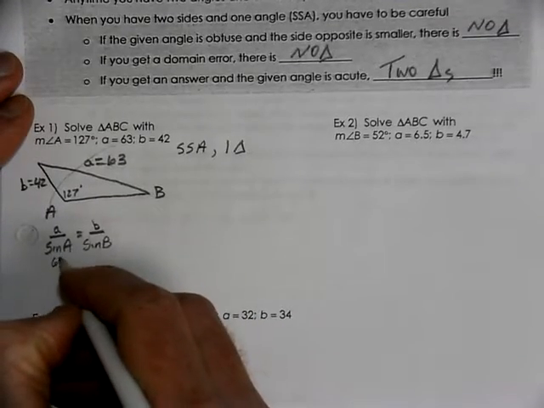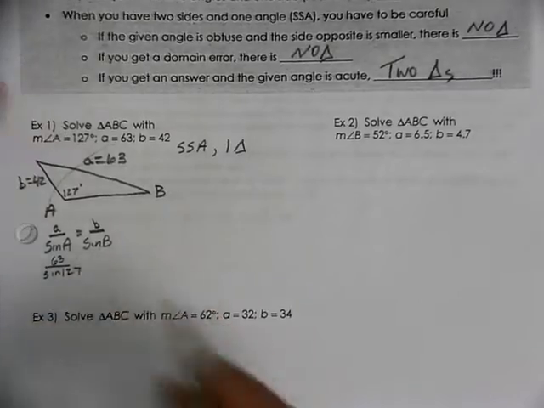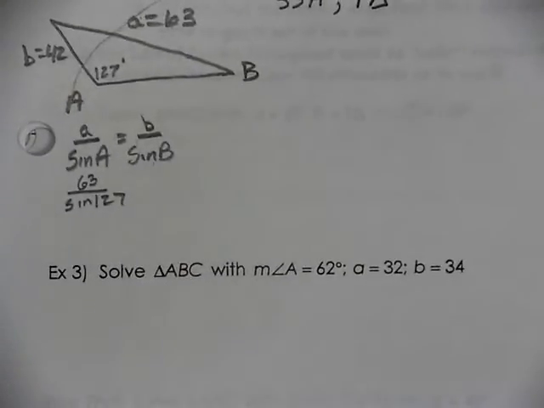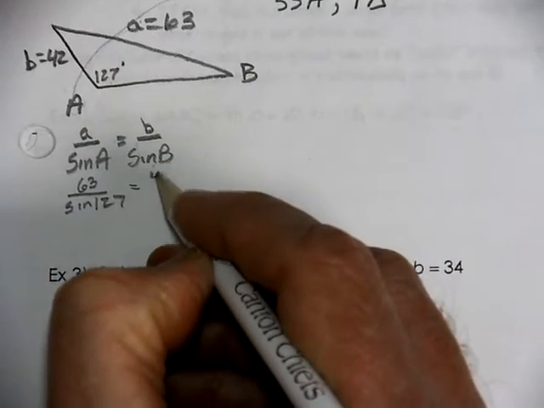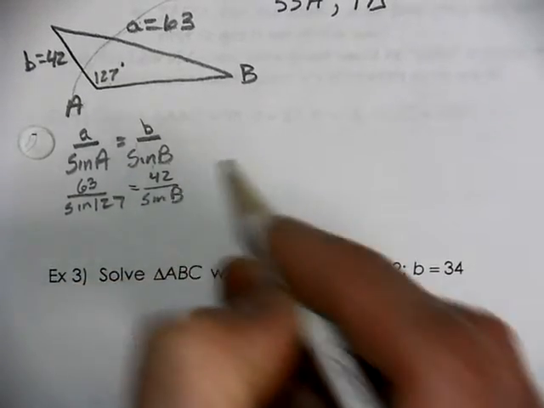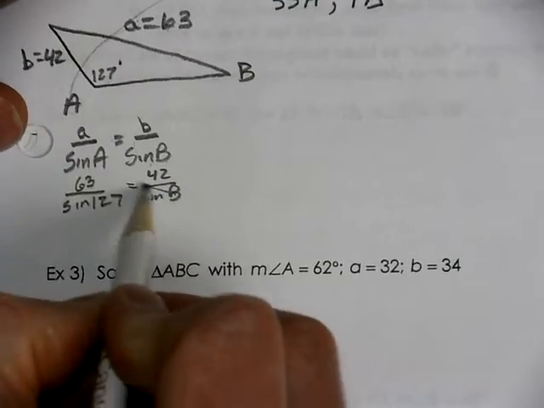So we know that 63 over the sine of 127 is going to equal 42 over the sine of B. So then we're going to need to cross multiply.